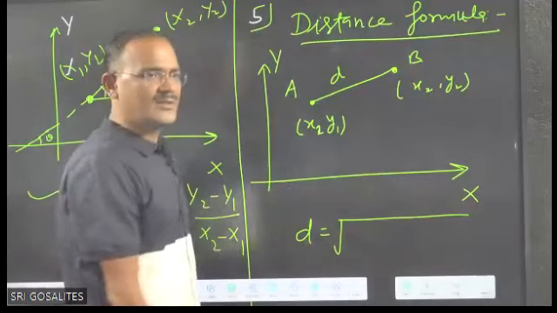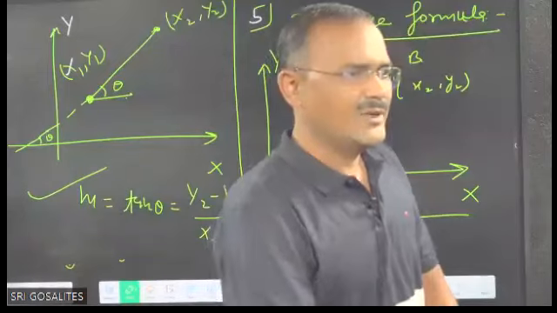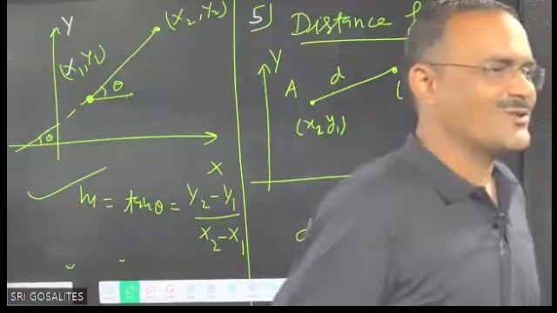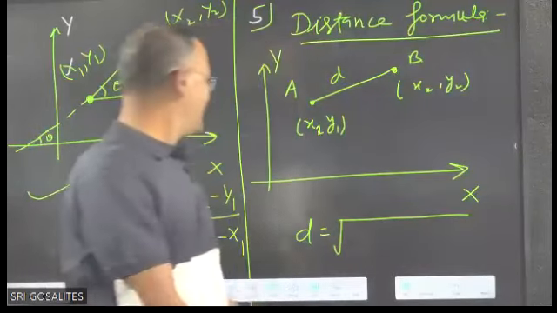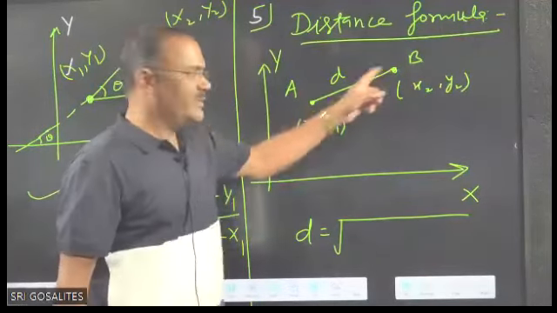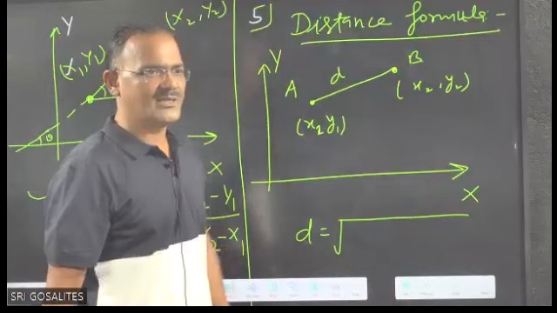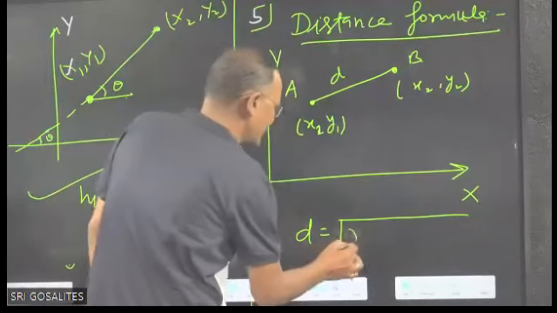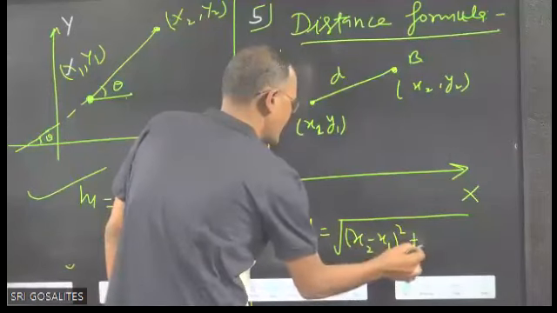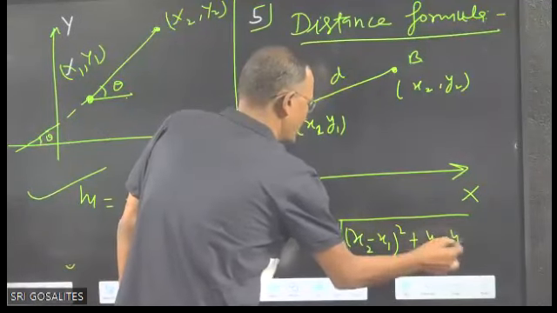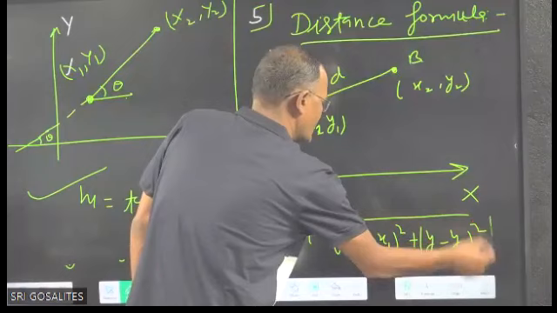Come on. Kitna hoga? No, this is not ut plus half a t square. It's not a motion in constant acceleration. This is distance between 2 points with the coordinates. This is root of x2 minus x1 whole square plus y2 minus y1 whole square.